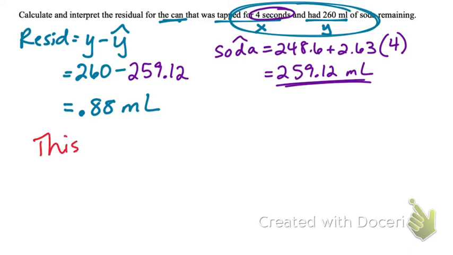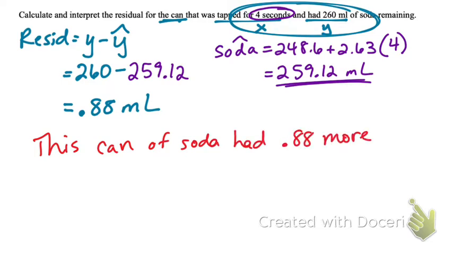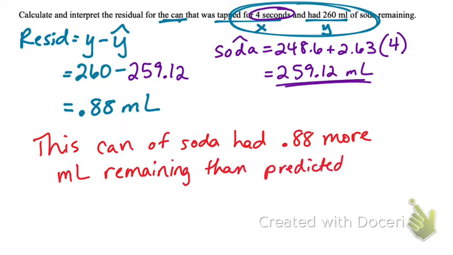That means that this can of soda had 0.88 more milliliters remaining than predicted. It's positive, so my actual value of 260 is higher than what was predicted. So I actually had more soda remaining than was predicted.